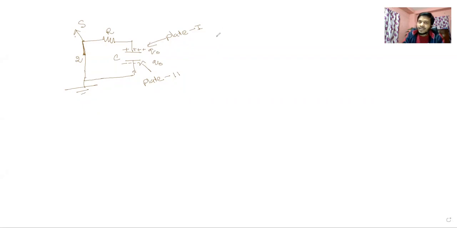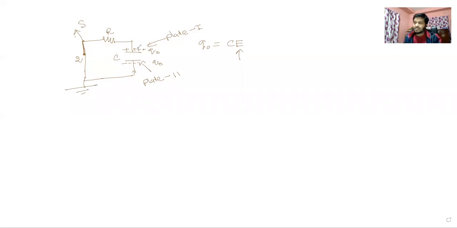We also know that Q naught equals C E. What is E here? E is the applied voltage. E can be defined in two ways: E is the voltage of the power supply or applied voltage, or E is the maximum voltage across the capacitor.